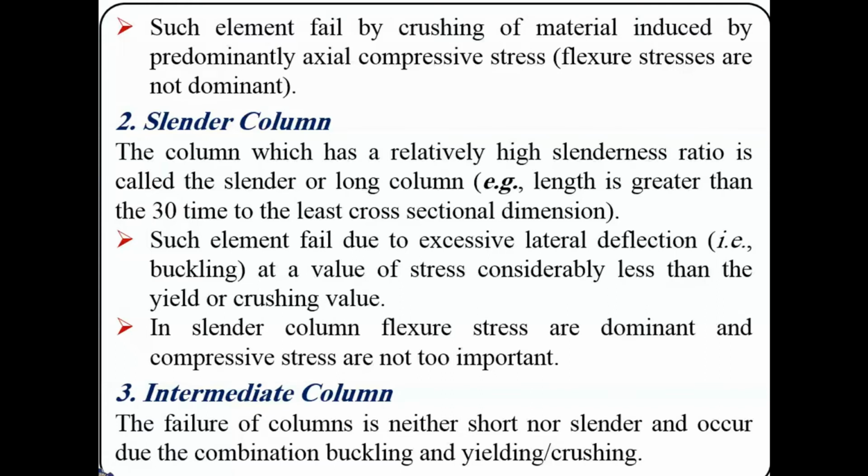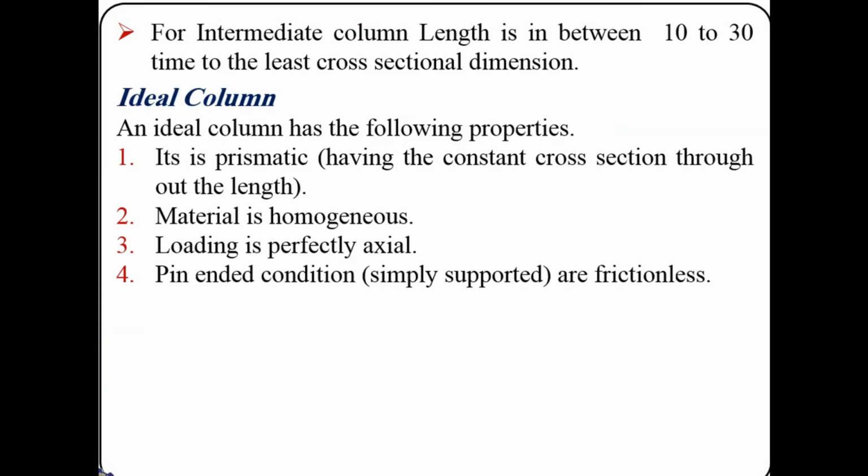In that case, the strength will be in between the cylinder column value and the short column values. For an intermediate column, the length will be between 10 to 30 times the least cross section dimension. Okay, next we will study the characteristics of the different types of column.